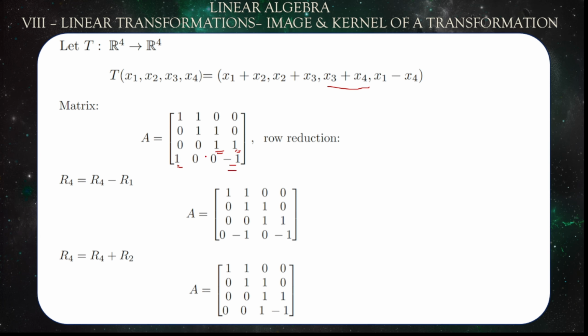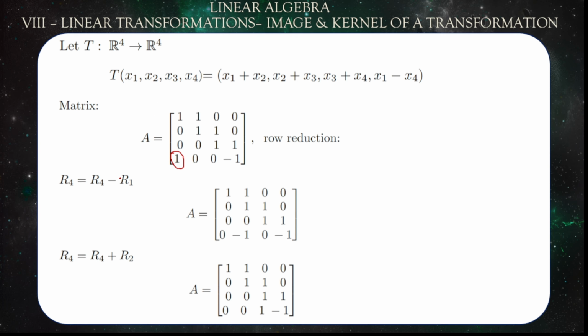rest is 0. In order to simplify this, to get the basis, you need to run the row reduction, the RREF. So how to reduce the rows? Let us start by eliminating 0 from the last row, which is row 4. So R4 is equal to R4 minus R1.